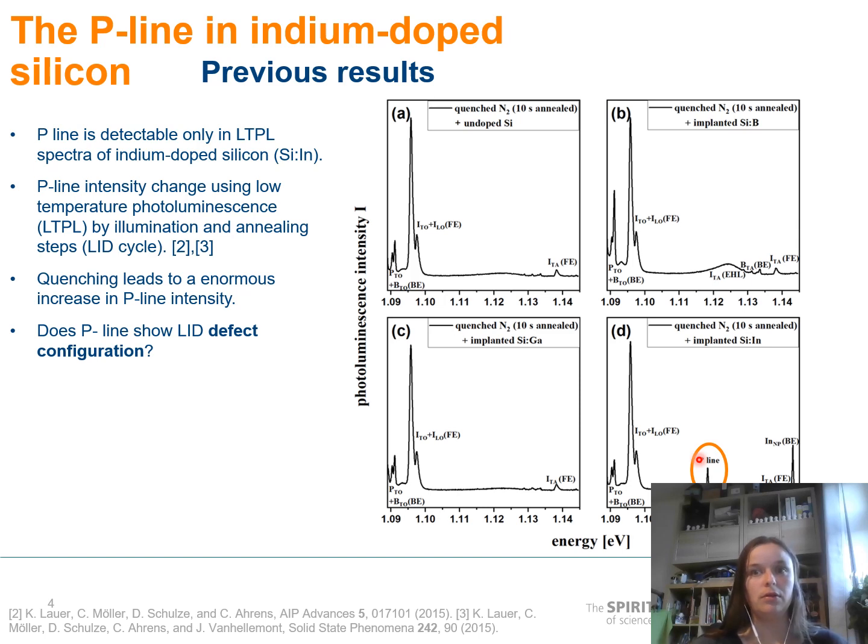If the silicon wafer is doped with boron and gallium, or perhaps undoped, the P-line is not detectable. But notice, thallium also has a similar line, but won't show an electron-hole liquid in this area.